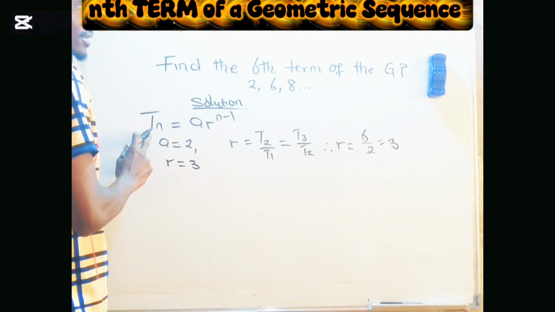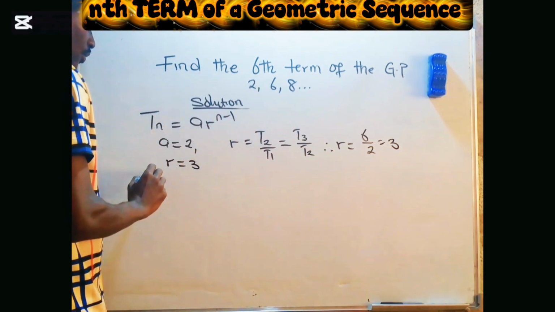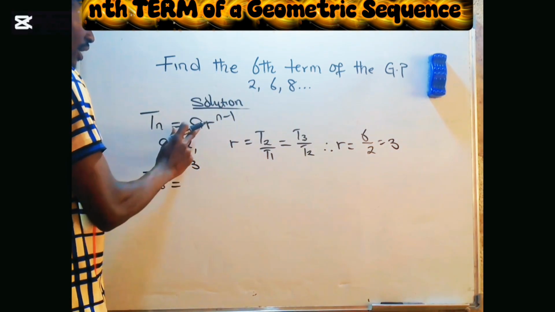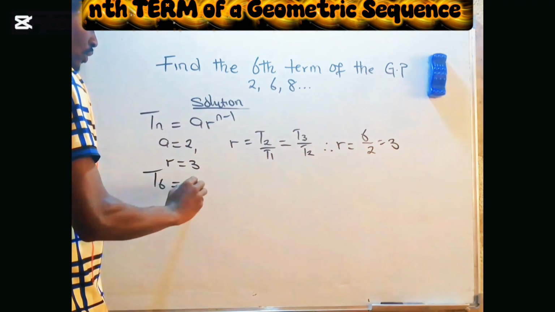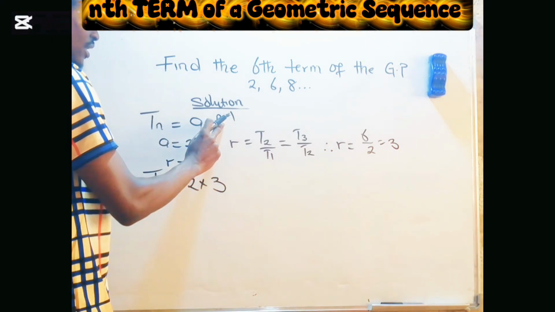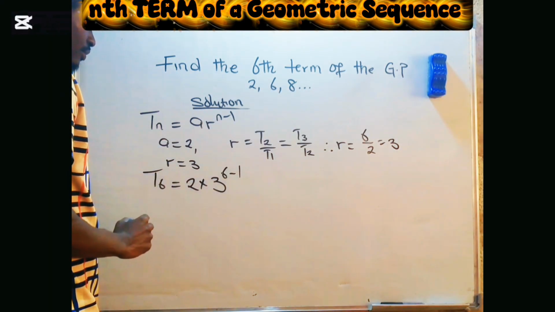Now Tn, what is n? The sixth term. So T6 will be equal to A, which is 2, times R, which is 3, raised to n, which is 6, minus 1.